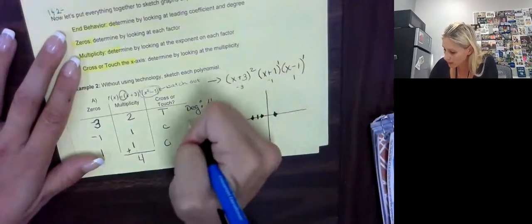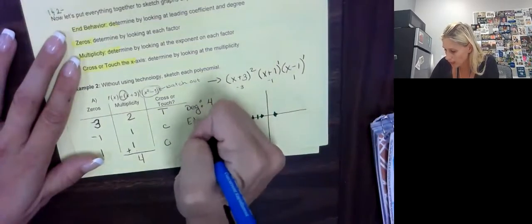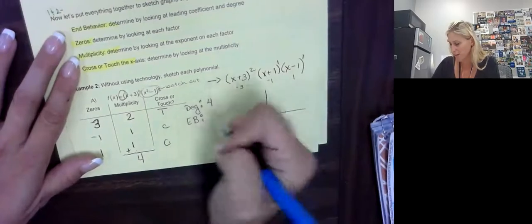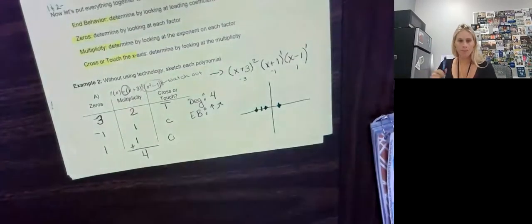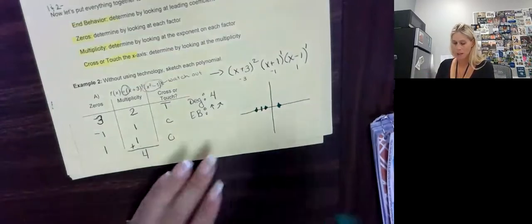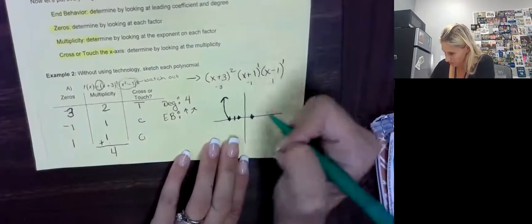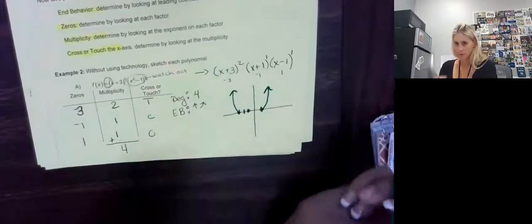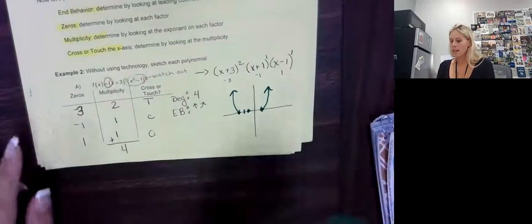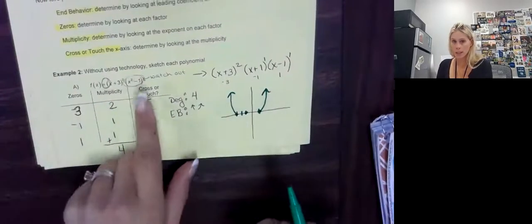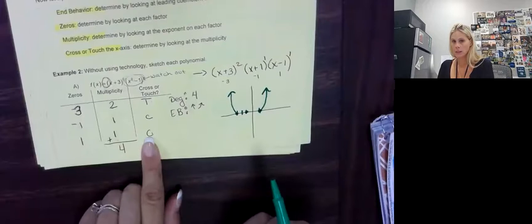So now we know the end behavior, and what I would like you to do just for end behavior is kind of show it. So my end behavior for an even positive, both go up. Ready? Now with sketching, after I plot my zeros, I draw my end behavior. All right. Now this is why I put this in order, because we're going to touch, cross, cross.